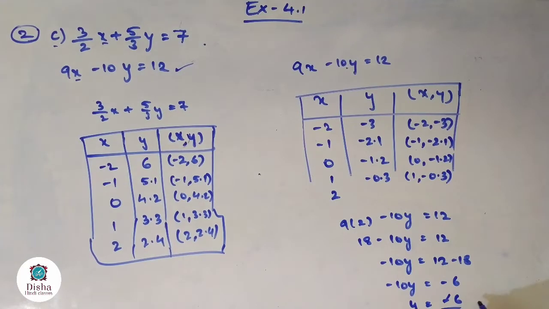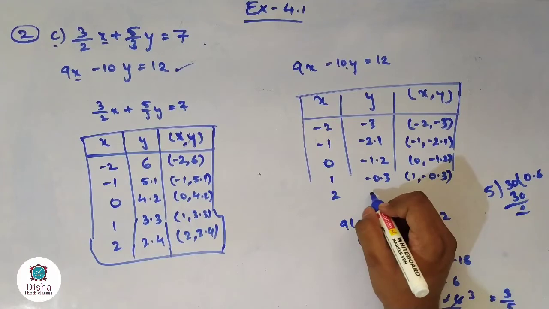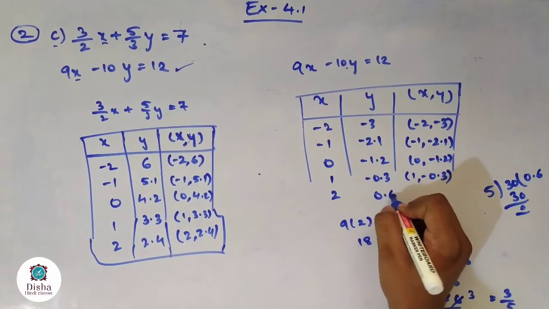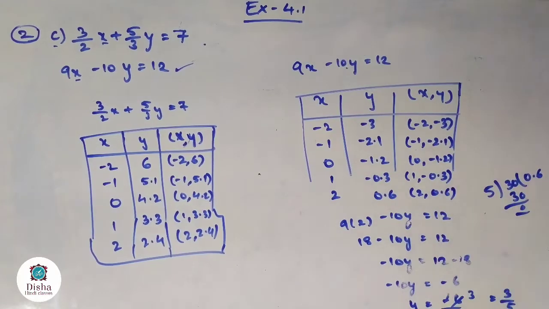So minus minus get cancelled. 6 is 2 times 3 and 10 is 2 times 5. So therefore 3 by 5. If we divide 3 by 5, we get 0.6, right? 5 sixes are 30. So 0.6. So 2 comma 0.6.